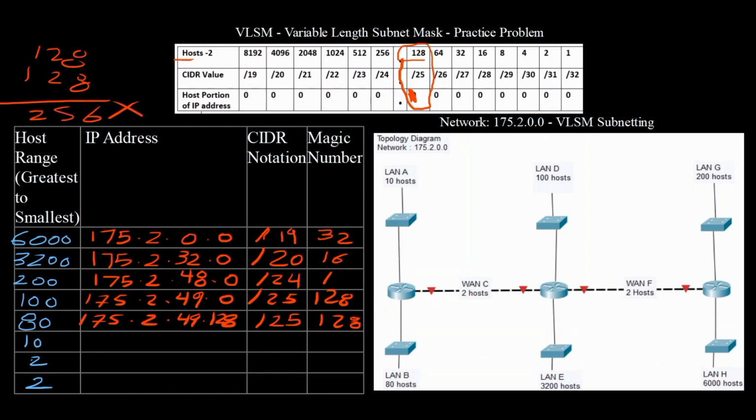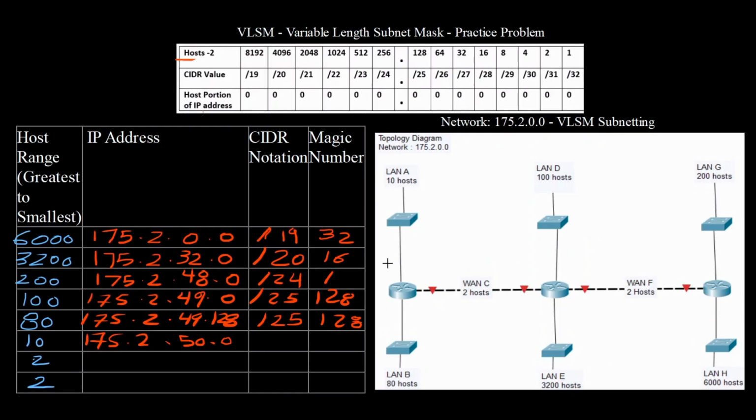This is unacceptable as an IP address because we know that the maximum number is 255. And so the solution for this is going to be 175.2. We're going to borrow a bit from the third octet to be 50, and this is going to be 0.